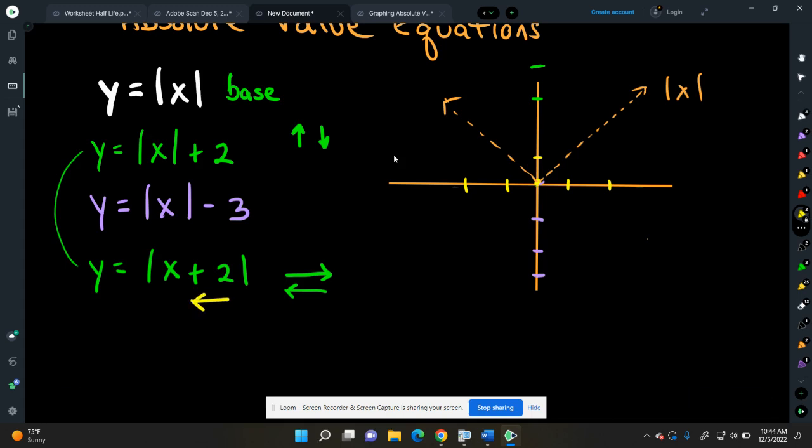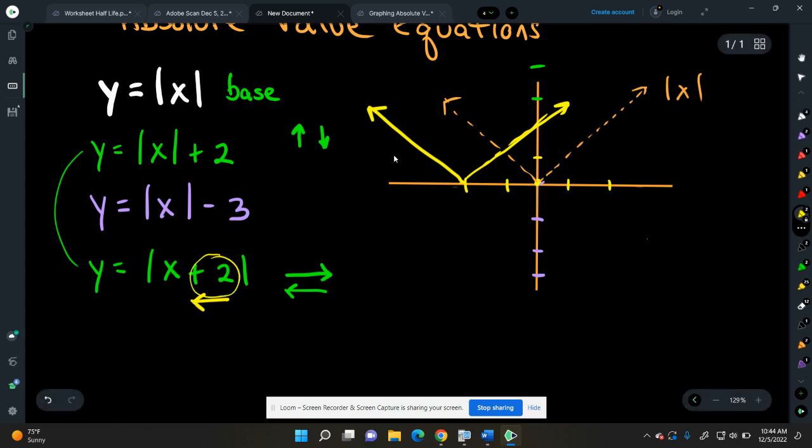So here's my base function. This one I'm going to move to the left 2. And there's my absolute value. There's my graph. Why am I doing that, Aaron? Because it's the opposite. Because the 2 is inside, and we always shift left or right, and it's the opposite of what you would think.